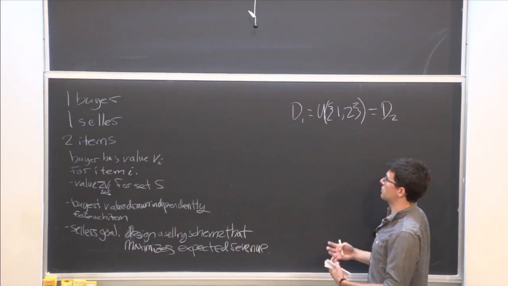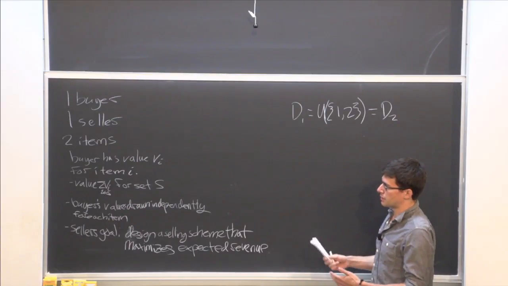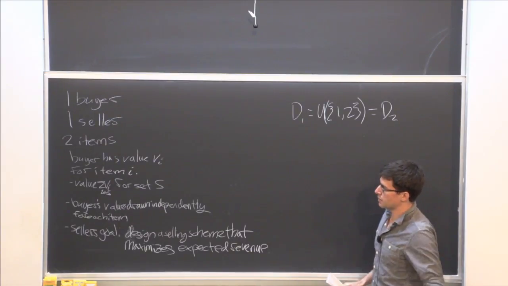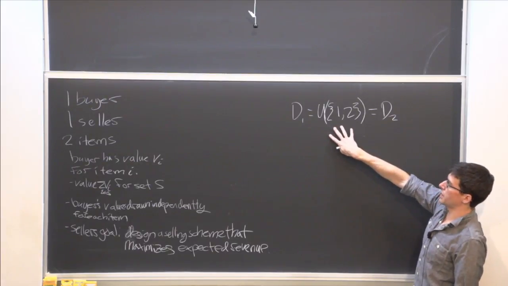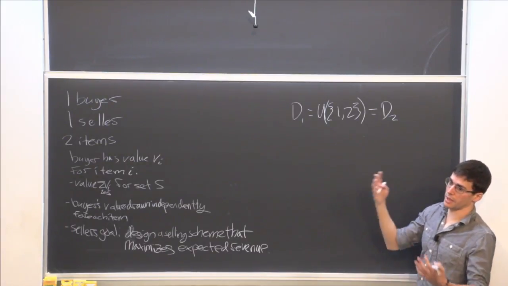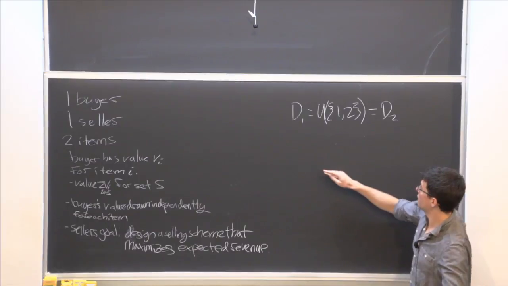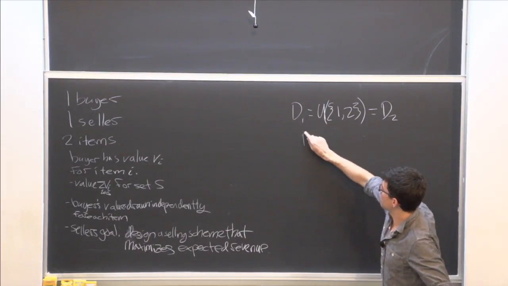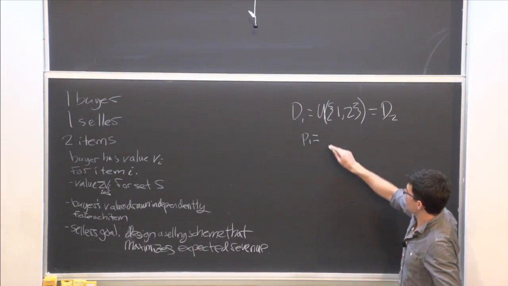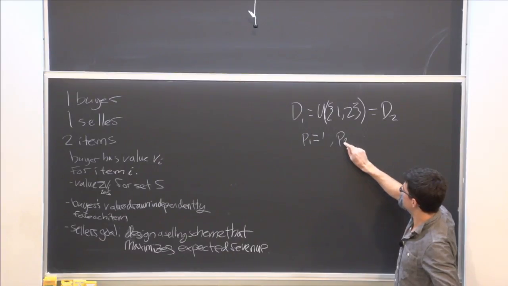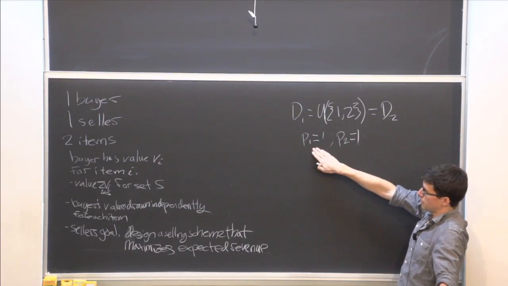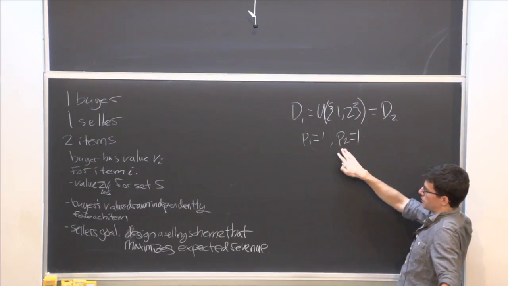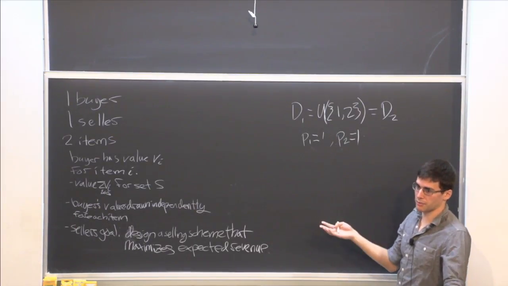It maybe suggests that there's not much interaction between the items, and maybe the right thing to do is to sell the items in isolation and let the buyer do whatever he wants. So what would that look like? You just set a price on item 1, a price on item 2, and tell the buyer, buy whatever you like.